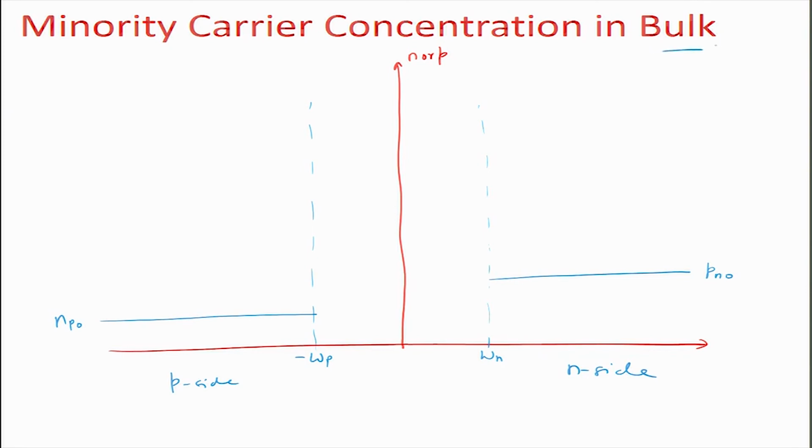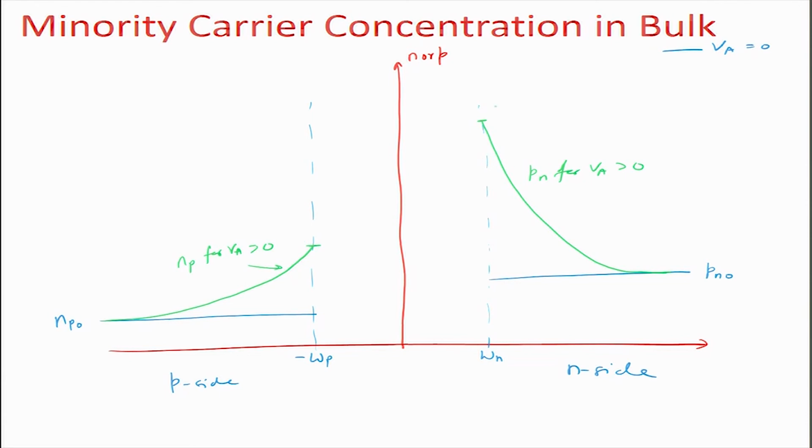So this blue color means Va is equal to 0. When bias is positive, then they have exponential dependence. So this varies like this, and similarly it varies like this. Exponential behavior is there, you can see from the equations. So this is for Np for Va greater than 0, and this is for Pn for Va greater than 0, and this value would be given by the expression that we wrote earlier.